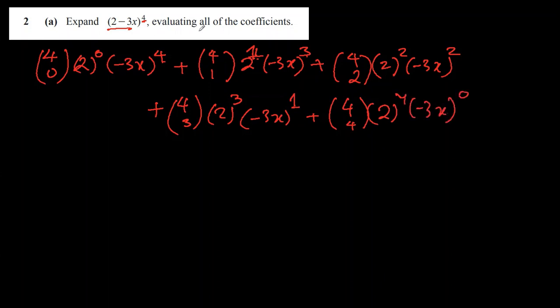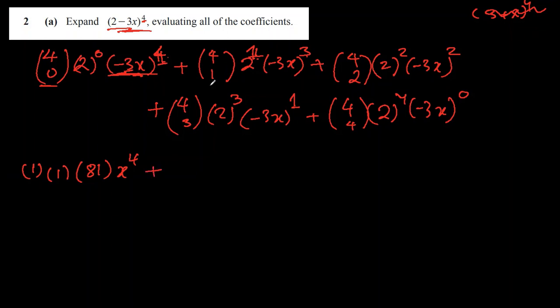They're saying evaluating all coefficients, so we have to evaluate everything. 4c0 is 1, 2 to the power 0 is also 1, but minus 3 to the power 4 will be positive 81, and x to the power 4 will be x to the power 4. So very key idea here that whenever there is an exponent outside, it applies to both the participants if they are multiplying. It does not work if it was like this. Okay, if it was like this, then we would do something like this. So only if they are multiplying inside.